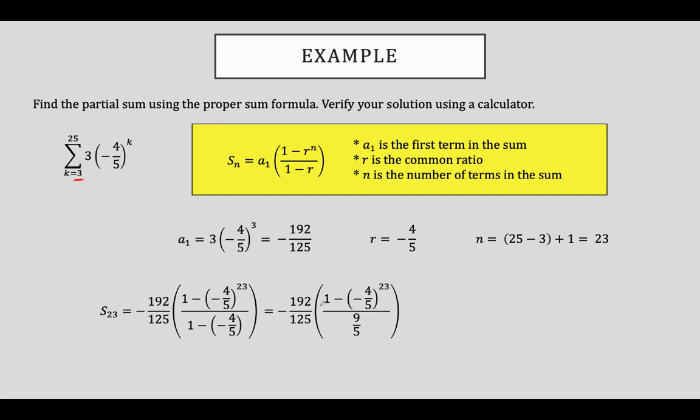I can now take the constant multiple that's in front, negative 192 divided by 125, and divide by 9 fifths. Again, you could also do that by multiplying by 5 over 9. That gives me negative 64 over 75 times 1 minus negative 4 over 5 raised to the 23rd power.